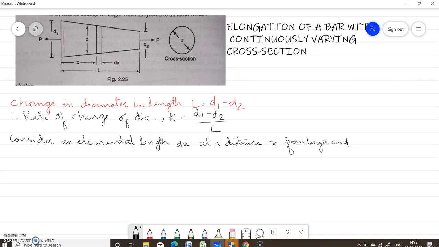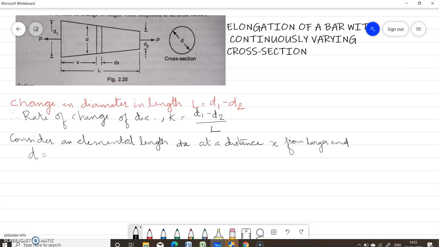Now we can write the diameter at this section, at a distance small x from the larger end. Small d is equal to, you know, k is the rate of change of diameter for L length.